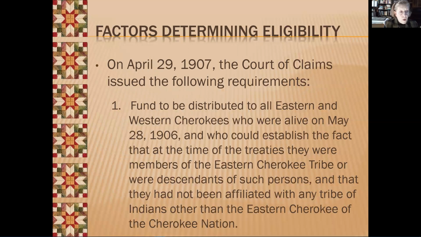Okay, so here are three or four requirements that you had to meet to be eligible to be approved for the roll. You had to be alive in 1906 and be a member of the Eastern Cherokee tribe or a descendant of an Eastern Cherokee tribal member, and not a member of any other tribe.